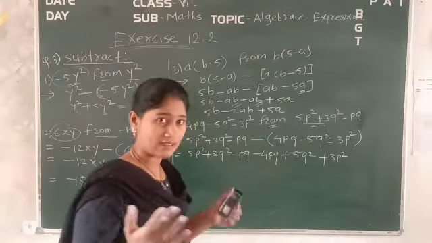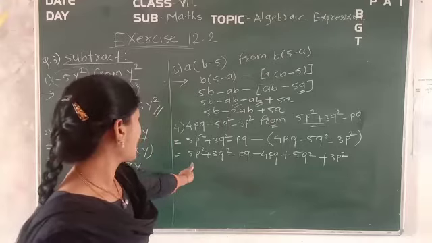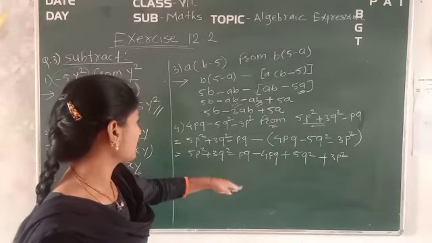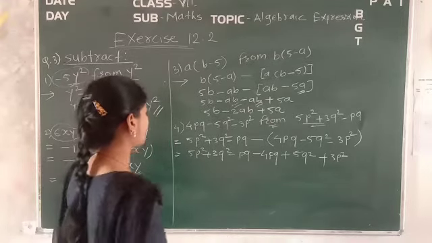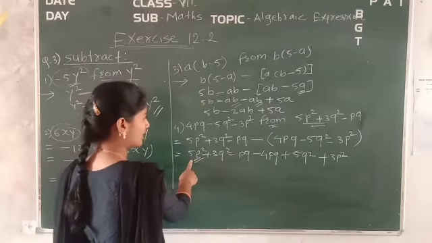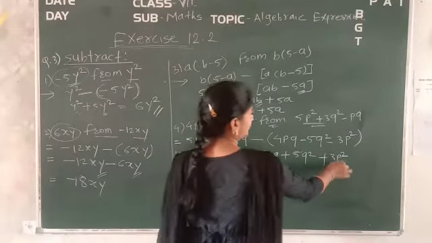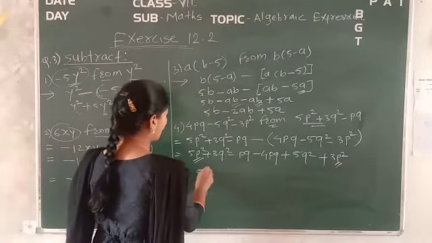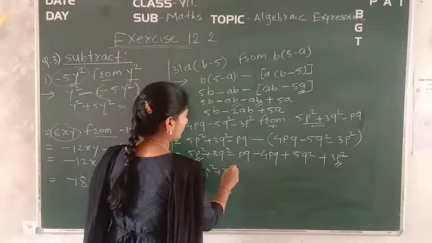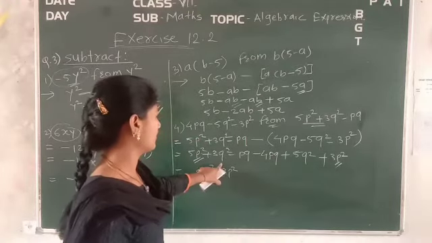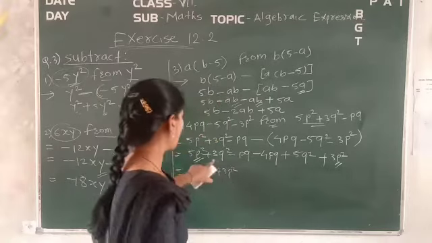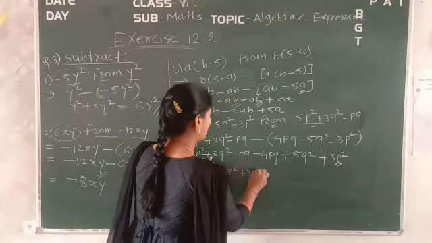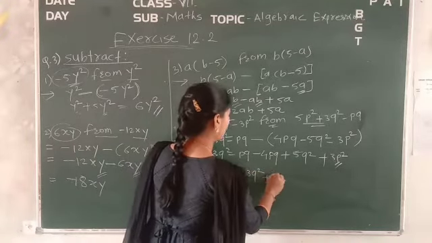Now take the like terms towards each other. If they are like terms, combine them; if opposite terms, cancel them out. So take the like terms. 5p square term, here is a p square. So take 5p square plus 3p square. Next, q square term: plus 3q square plus 5q square.